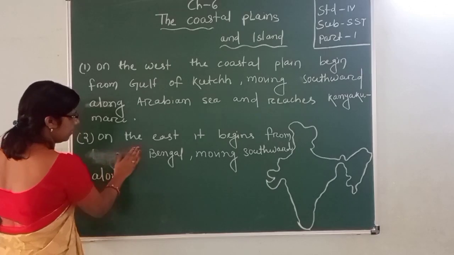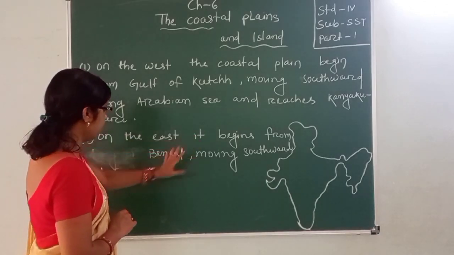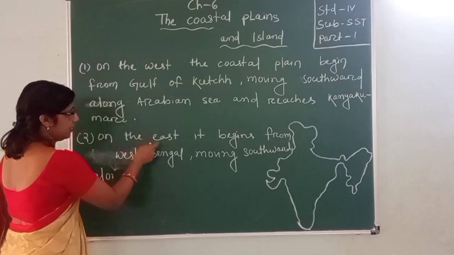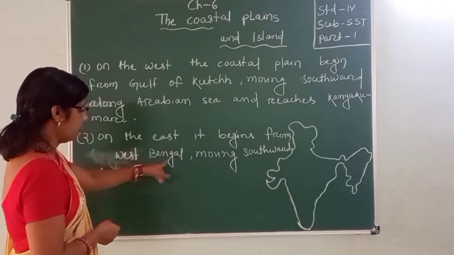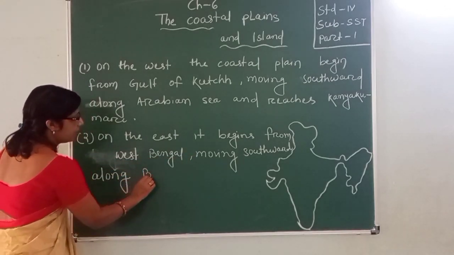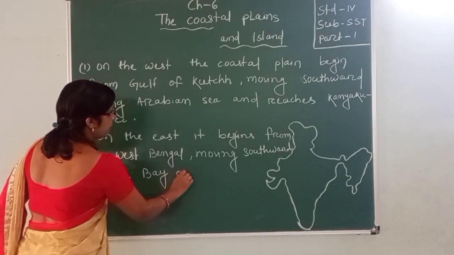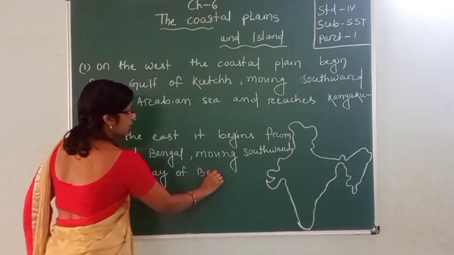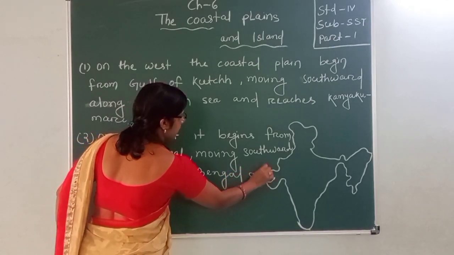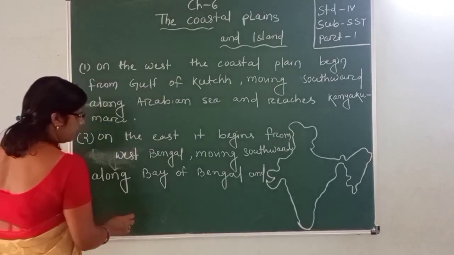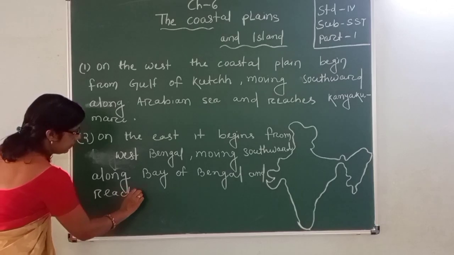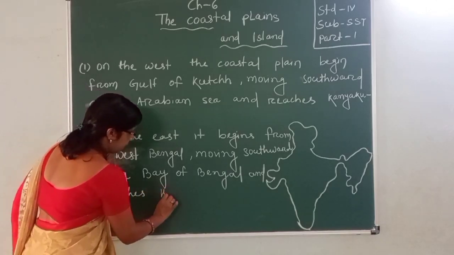On the east it begins from West Bengal, moving southwards along the Bay of Bengal, and reaches Kanyakumari.